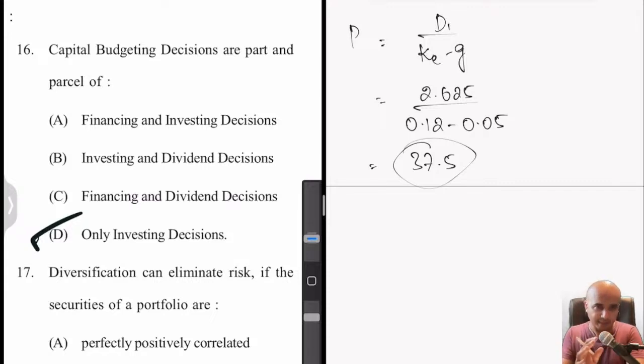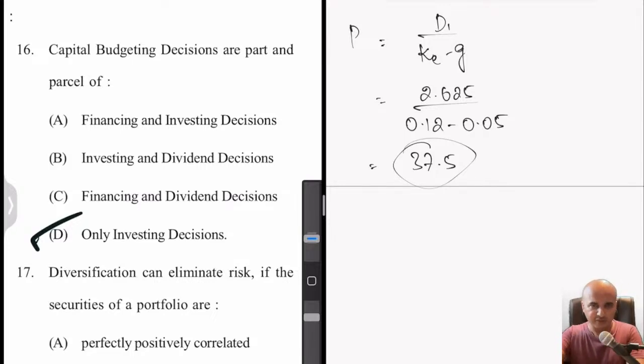See, the goal of capital budgeting is to make sure that the company's financial resources are allocated effectively and efficiently towards projects that offer the highest return on investment. Okay, and these investment decisions are crucial because they involve committing significant financial resources over an extended period. It's not just like 1 year or 2 year commitment.